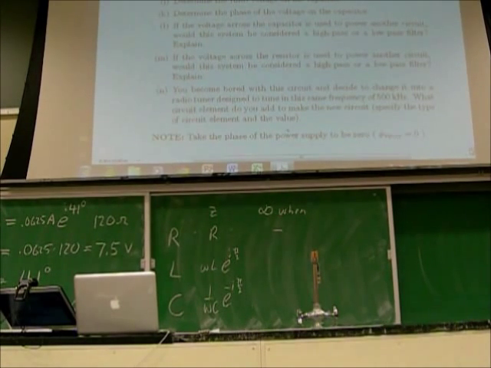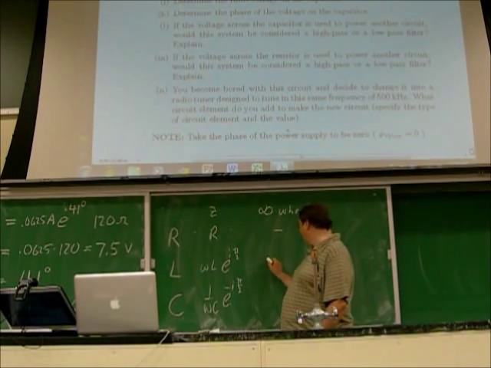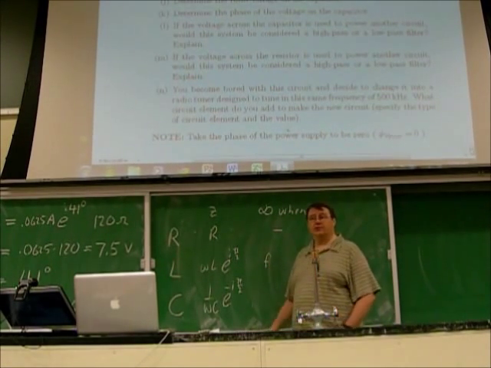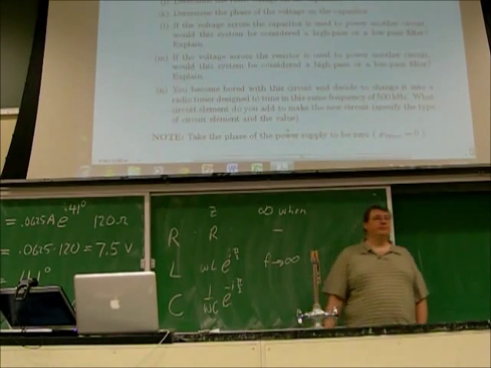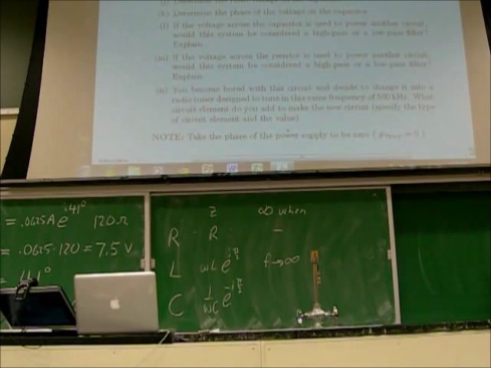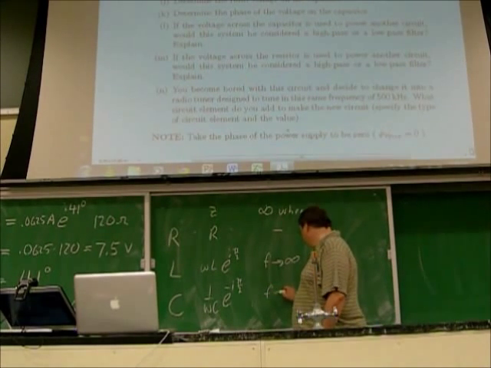It's whatever it is, period. However, there is a frequency at which the impedance of the inductor goes to infinity. And this is for frequency goes where? Infinity. And there is a frequency when the impedance of the capacitor goes to infinity. This is when frequency goes up, what? Zero. Yeah.